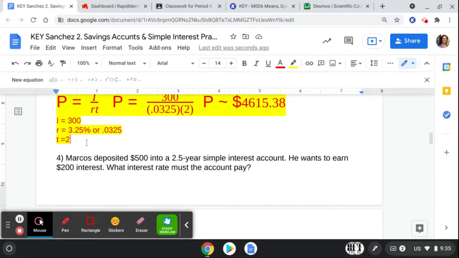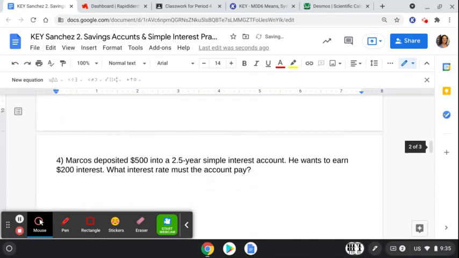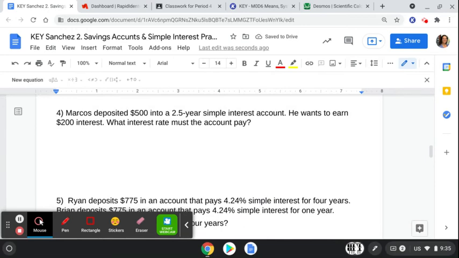Okay, next one. Marcos deposits 500 into a 2.5-year simple interest account. He wants to earn 200 in interest. What interest rate must the account pay?